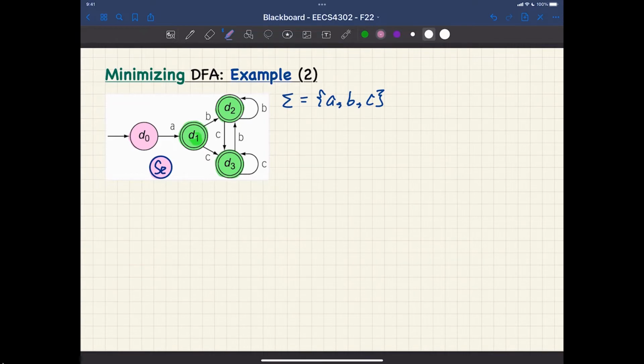So here, if we say we take A, right? For D0 taking A, it's going to the green partition, in which case I would suggest you simply say it's going to the partition of D1, D2, D3. Whereas for SE, by taking A, where should it go?